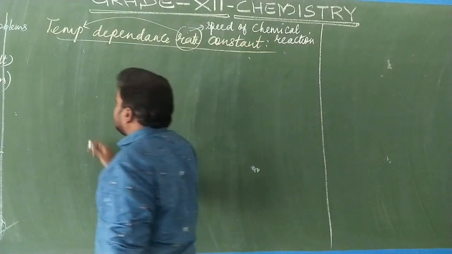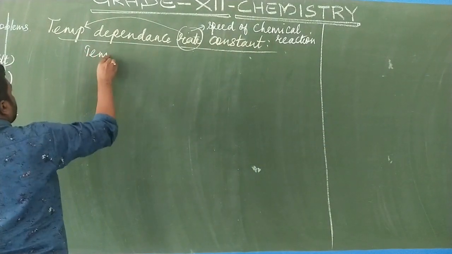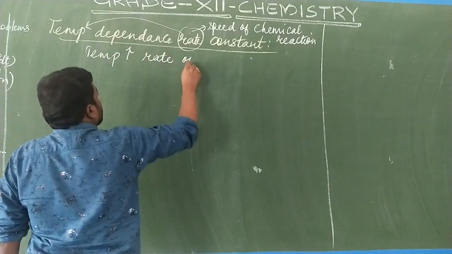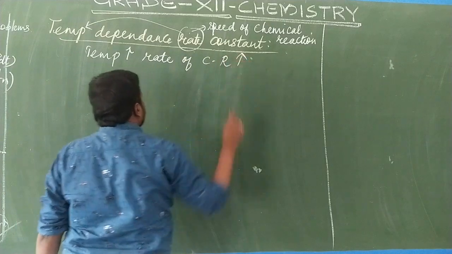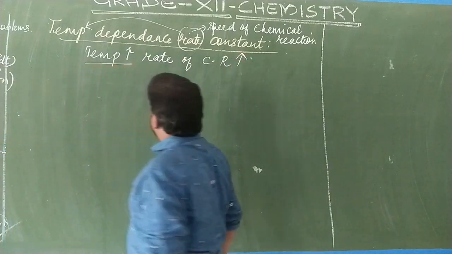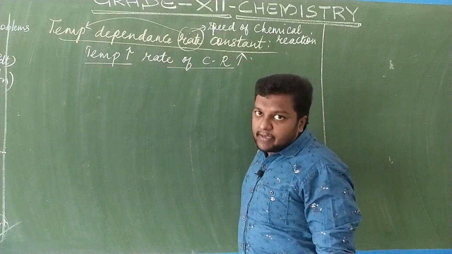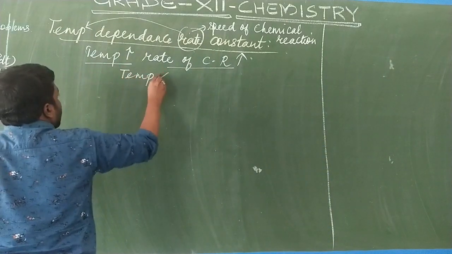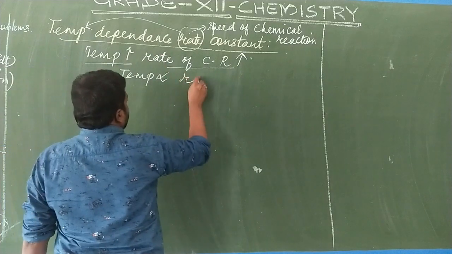So that means whenever the temperature is high, the rate of chemical reaction will also be high. So the temperature will be directly proportional to the rate of chemical reaction.